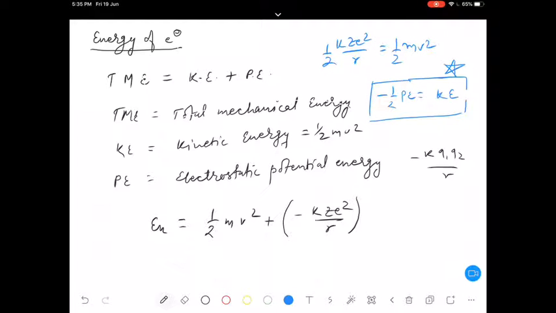It is a standard question. For an electron revolving in nth orbit, the magnitude of negative of half of potential energy will be equal to the magnitude of kinetic energy. Correct?